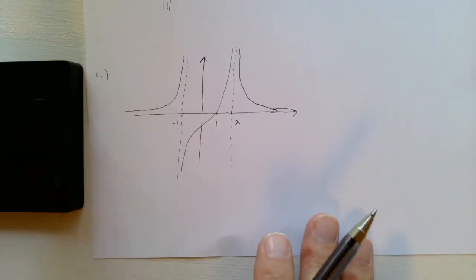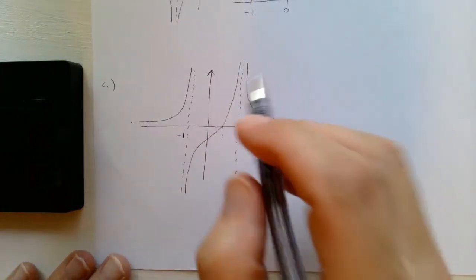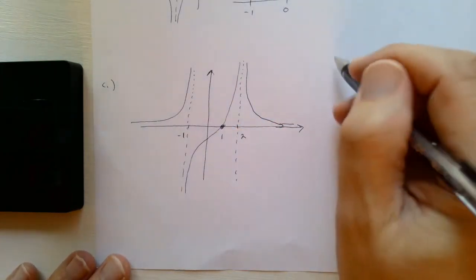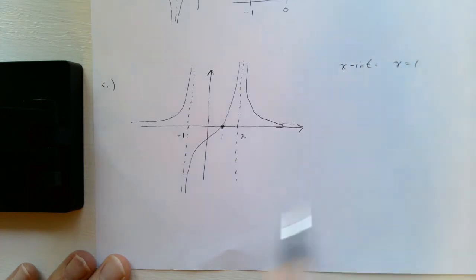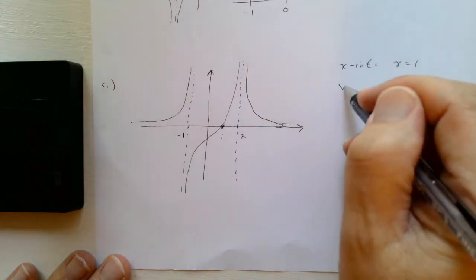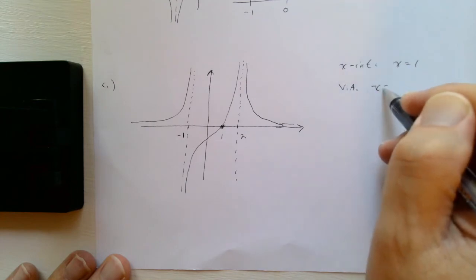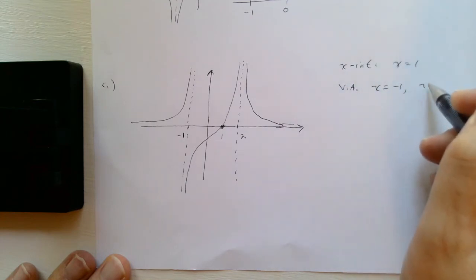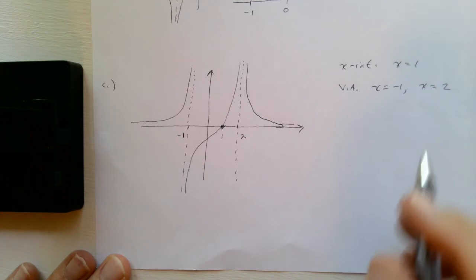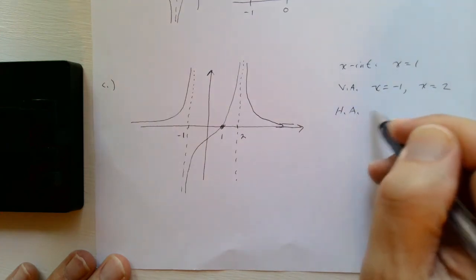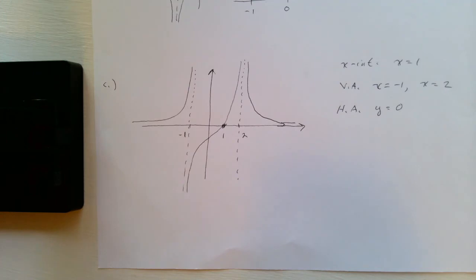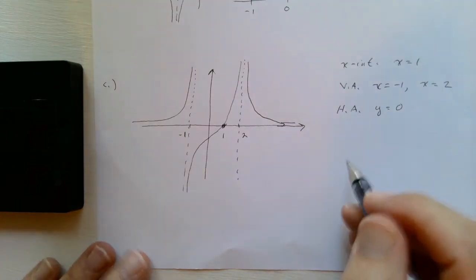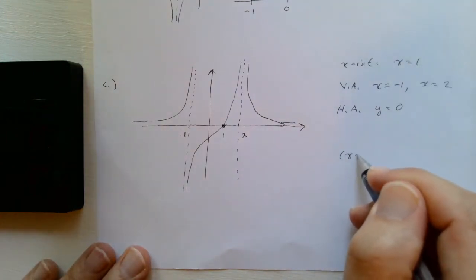For the last example, we have an x-intercept at 1. We have a vertical asymptote at x equals -1 and x equals 2. And the horizontal asymptote is y equals 0. So this tells us that we need an x minus 1 to be a factor on top.